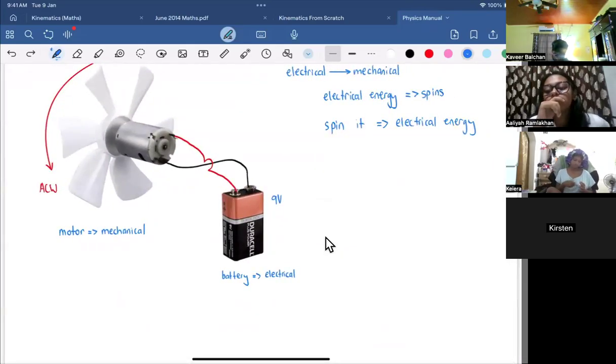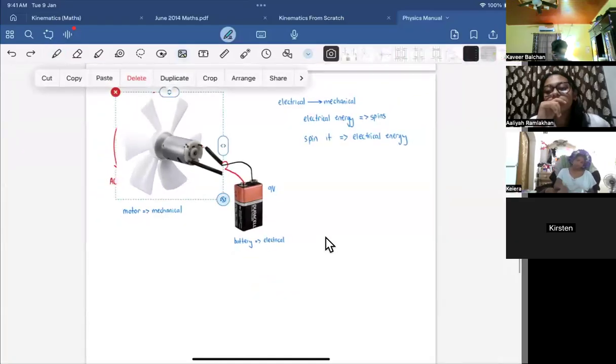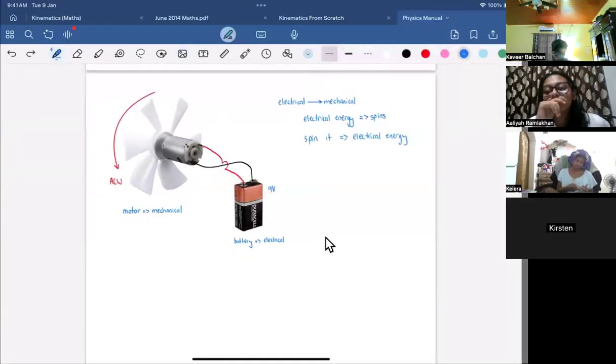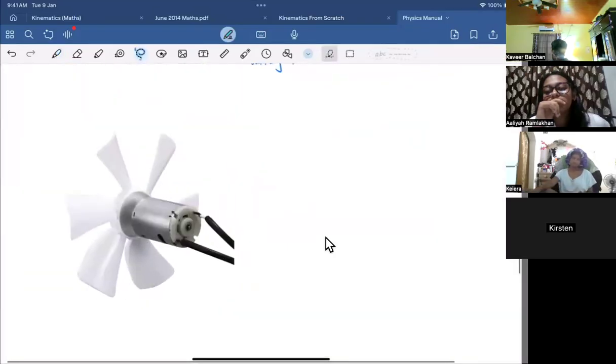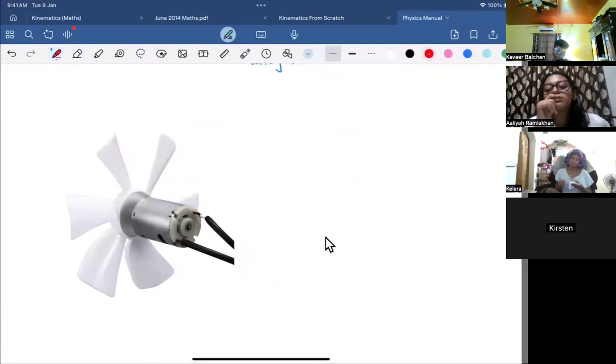And we're saying if you spin the motor, it generates power. So imagine if you have a motor by itself. So we have this motor by itself here. Aliyah, what is something that you could see being powered? Give me an example of something that you could tell when it's on.